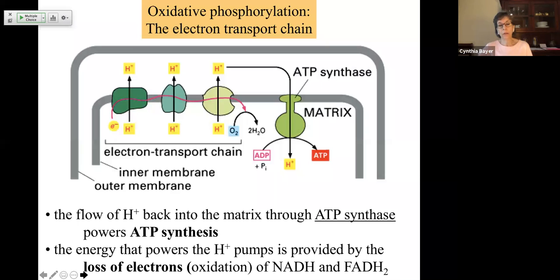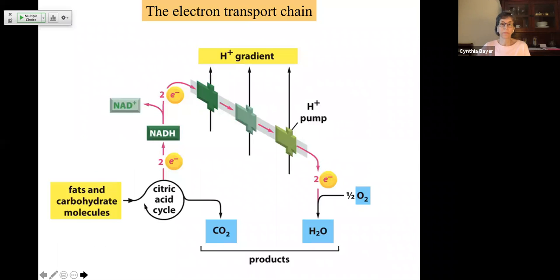So if we follow our electrons and look at it in a slightly different way, here is our NADH carrying the electrons that have been extracted from the citric acid cycle, as well as even glycolysis, from our fuel, right? Our fats, our carbohydrate molecules: high energy electrons, the potential of those electrons to move.